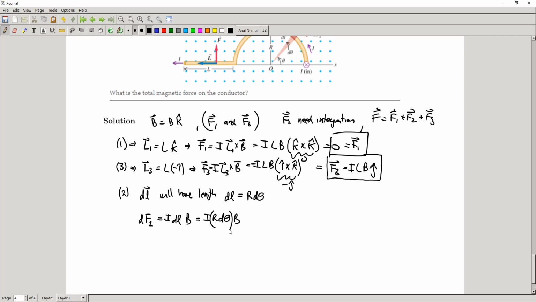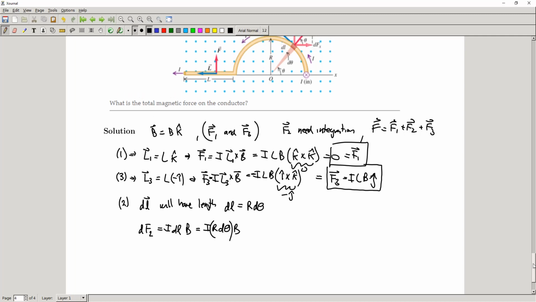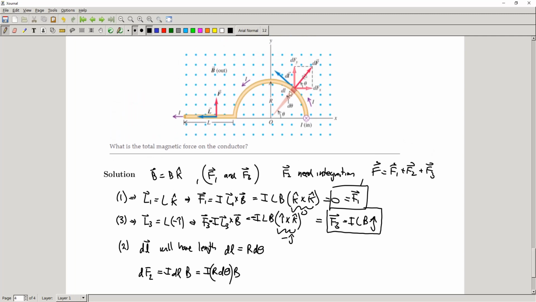Now we want to break this up into contributions in the x direction and in the y direction. Each of these little sections will have some x component and some y component.